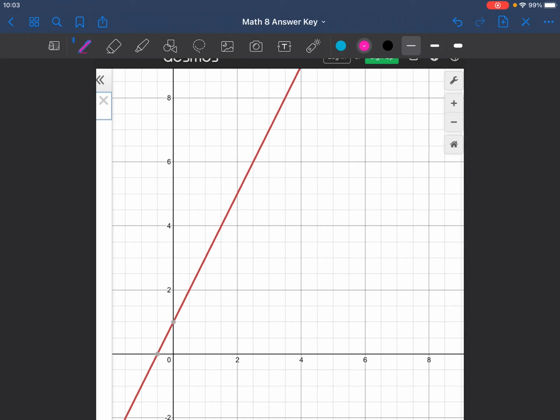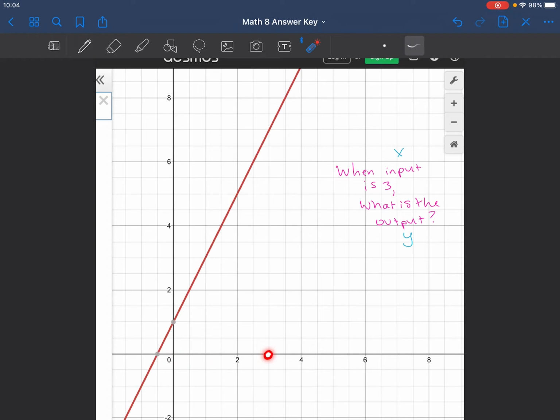Let's look more closely at this graph. Your homework might give you an example that says something like, when the input is 3, what is the output? In that case, it's telling you your x value is 3, what is your y value? So input will always mean x, output will always mean y. When my x value is 3, I'm going to track over to x is 3, and now I need to find the output value at that x value.